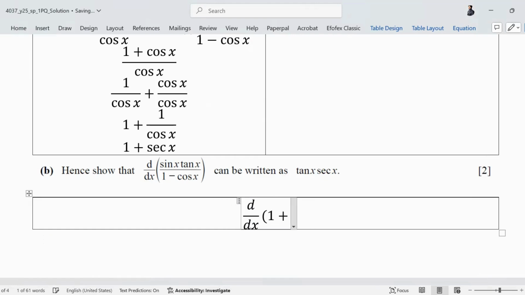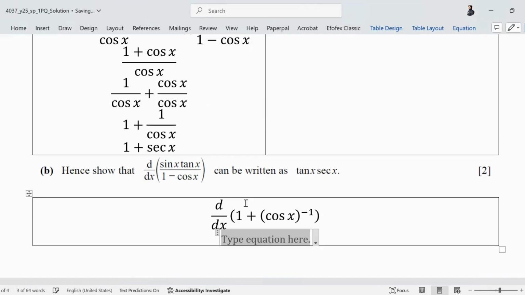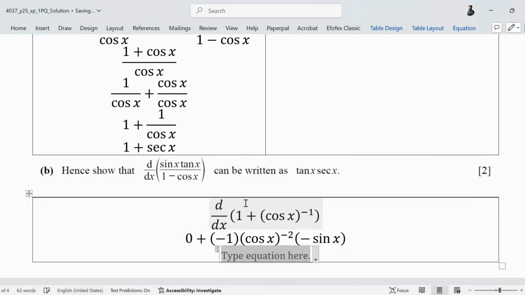Now what if I write 1 upon cos x as cos x to the power negative 1? So the derivative of 1 is 0. The derivative of cos x to the power negative 1 will be negative 1, cos x to the power negative 2, and the derivative of cos x, which is minus sin x. So this will be sin x over cos square x.